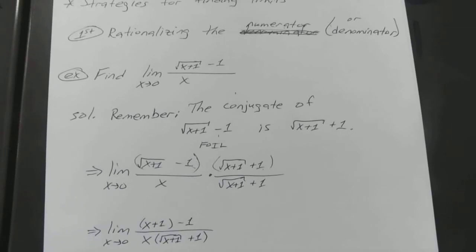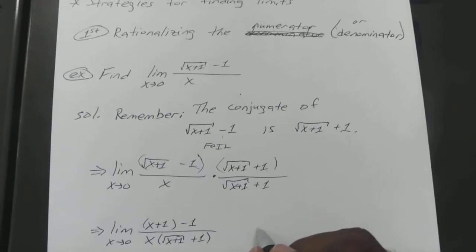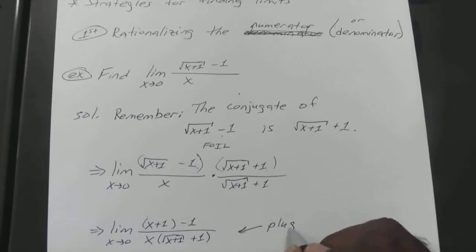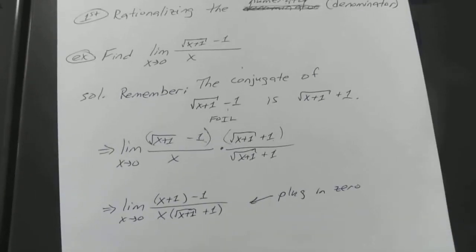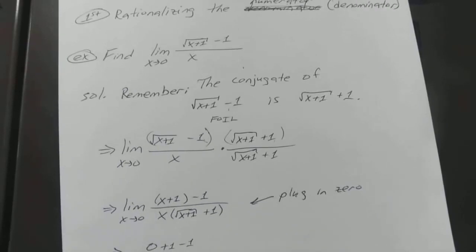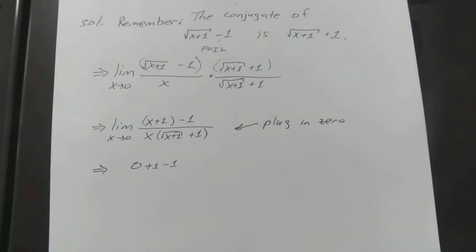Now if you plug in your 0, you'll see the denominator wouldn't become 0 anymore. Oh, actually, I missed a spot there.